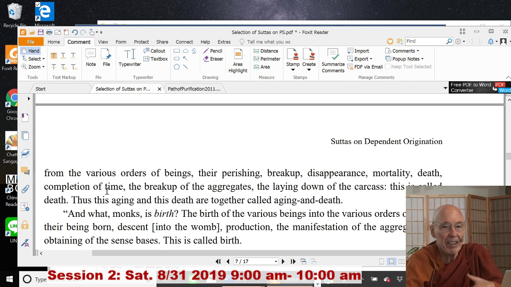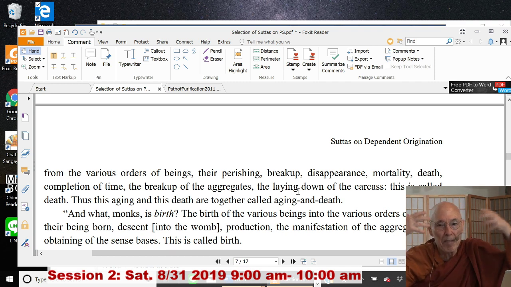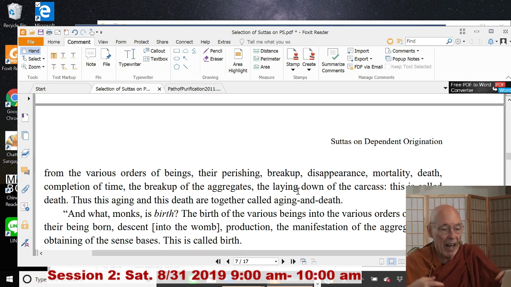The Pali word here is, I think, kalankara. So doing one's time, completing one's time, the breakup of the aggregates and the laying down of the carcass, the body. So these are various synonyms for death.